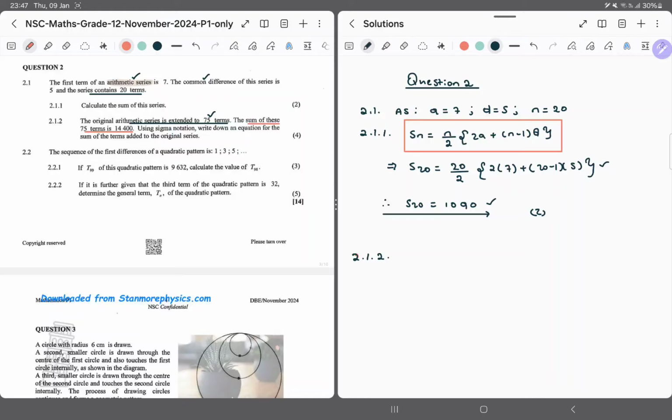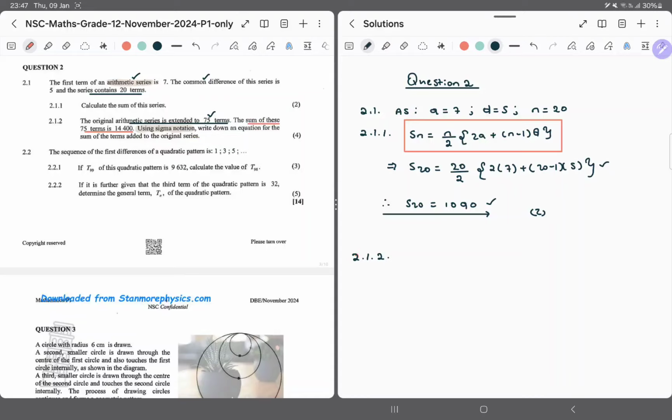Now using sigma notation, very important, we almost always have to do something. Either we solve a problem that is presented in sigma notation, or we may have to write in sigma notation. So the question says write down an equation for the sum of the terms added to the original series.